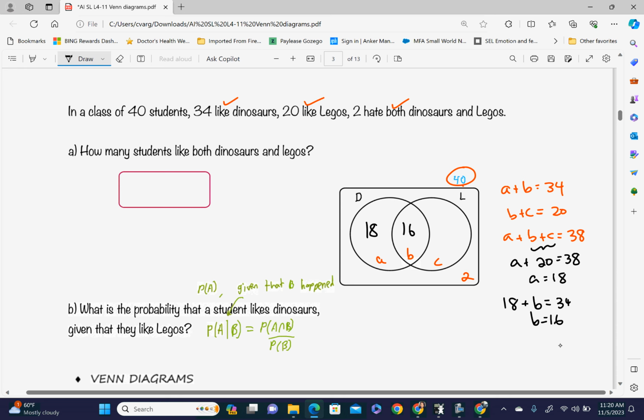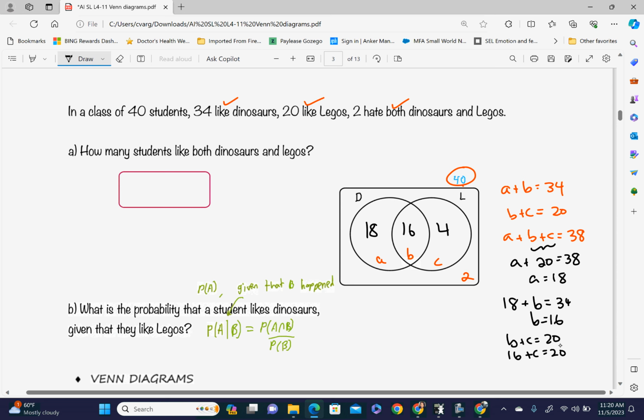Now to find C, B plus C is equal to 20, so 16 plus C equals 20, which makes C equal to 4.